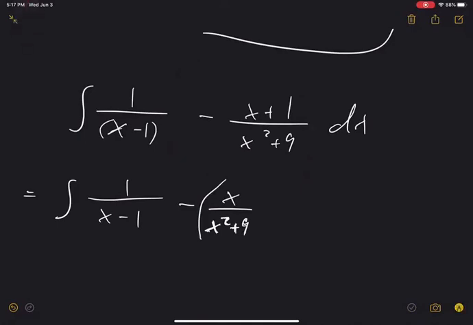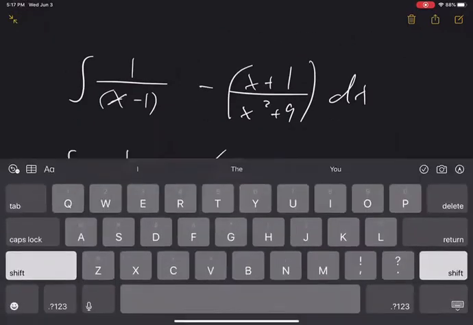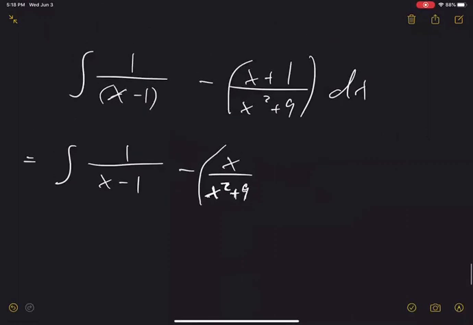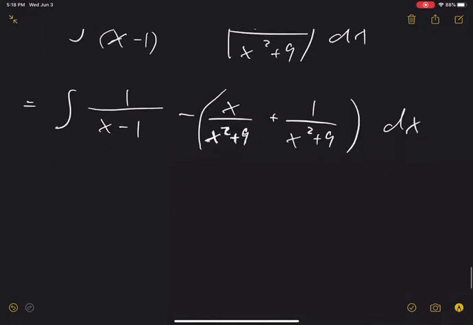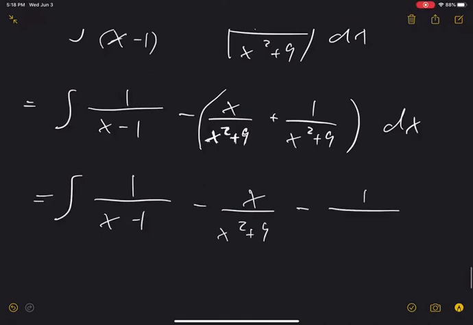Think about this fraction in parentheses. Okay, so split it up in parentheses first. Okay, when we split up the stuff in parentheses, it becomes +1 over x squared plus 9, right? And then this negative is distributed to both of these. It's an easy mistake to make, so keep an eye out for that.